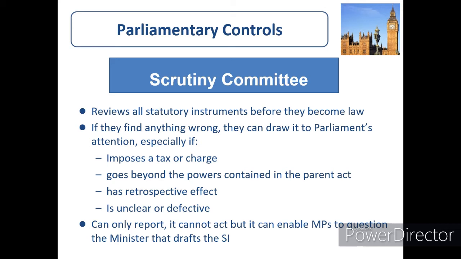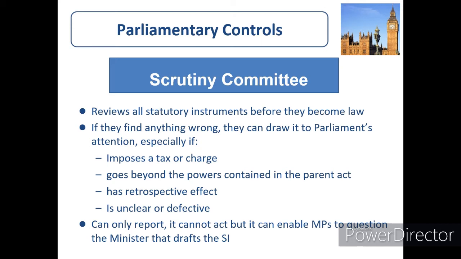If they find anything wrong though, the scrutiny committee's power is quite limited. They can draw it to Parliament's attention, which they will do if they find the law imposes a tax or doesn't follow the rules set up in the Enabling Act. It has a retrospective effect. In other words, the law is starting before the law has passed, or is perhaps unclear, so not written very well.